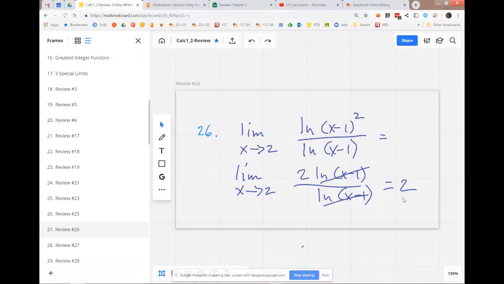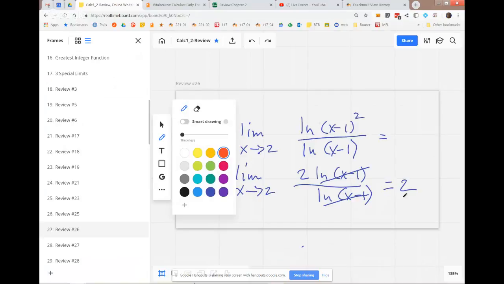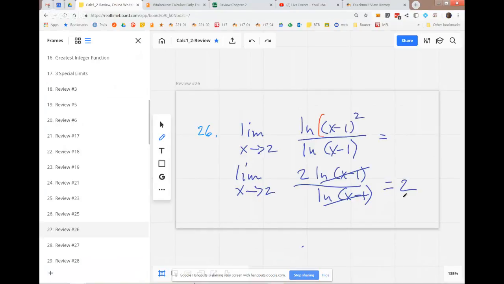Except that, let's see. So had I written it that way, why would I write it that way? You said the natural log of x minus 1 times the natural log of x minus 1. Yeah, get rid of the squared. That's not correct because the square is the only part that's squared, not the natural log.